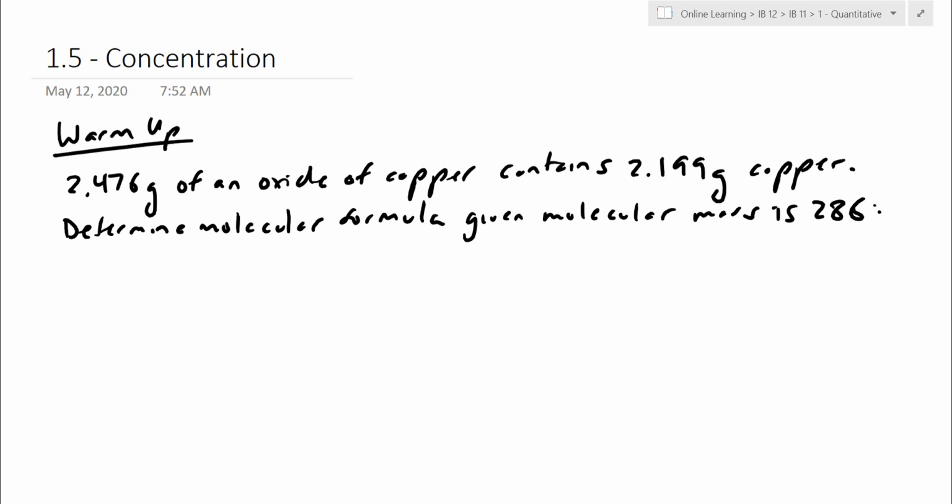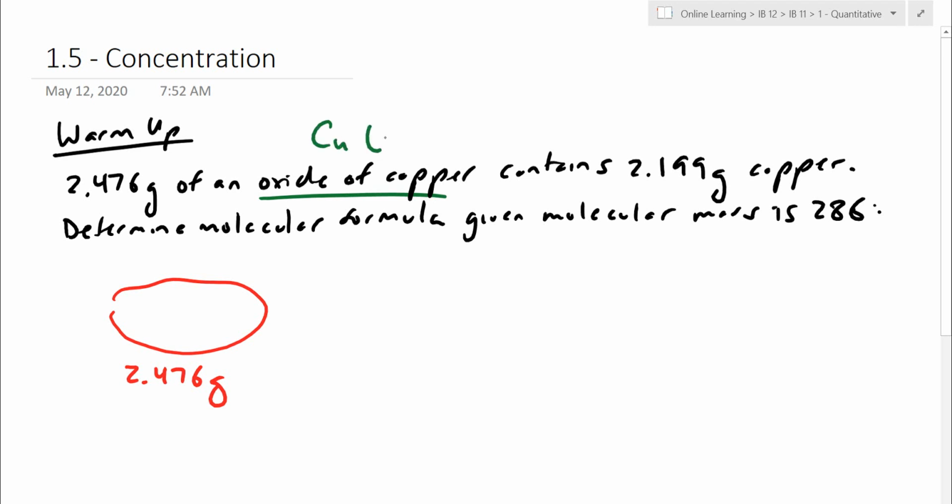I'd encourage you just to pause the video, see how you do with it. Assuming that you've done that, we can take a look at the answer. What I would do first is start off by dissecting this problem, converting the word problem into either balanced equations or pictures if I can. We're given 2.476 grams, so sitting in front of me is a total sample of 2.476 grams. We're told it is an oxide of copper, meaning it's a compound that's made out of part copper and part oxygen.